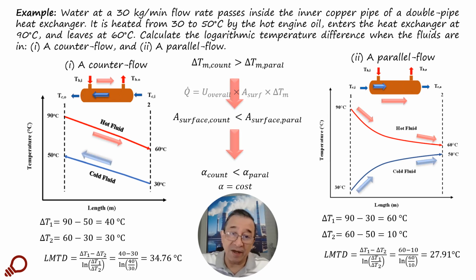So in effect, the cost will cover the cost of material, machining and manufacturing, and maintenance, and at the end it will be more economic to have the counterflow as compared to the parallel flow heat exchanger.